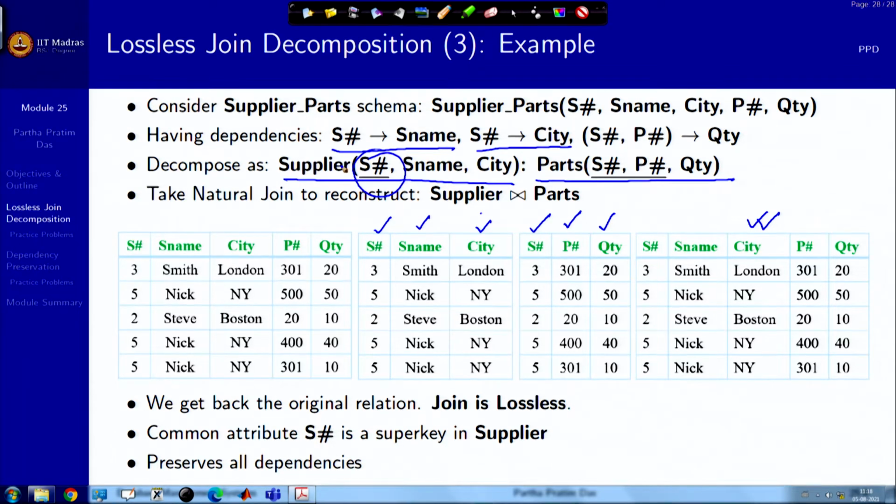So, supplier ID is a super key here. It is not a super key here, because here it is the pair, but it is a super key in this. Therefore, the intersection set of attributes is a super key here, which ensures that in the supplier SNAME city, you have uniqueness in terms of the representation, and therefore, you have ensured that the join is lossless.